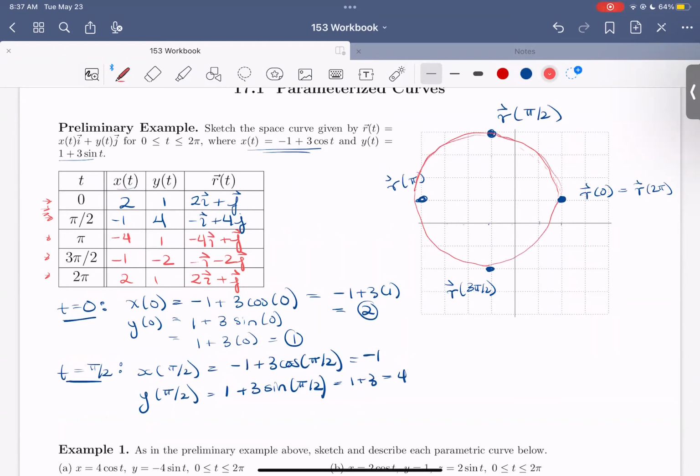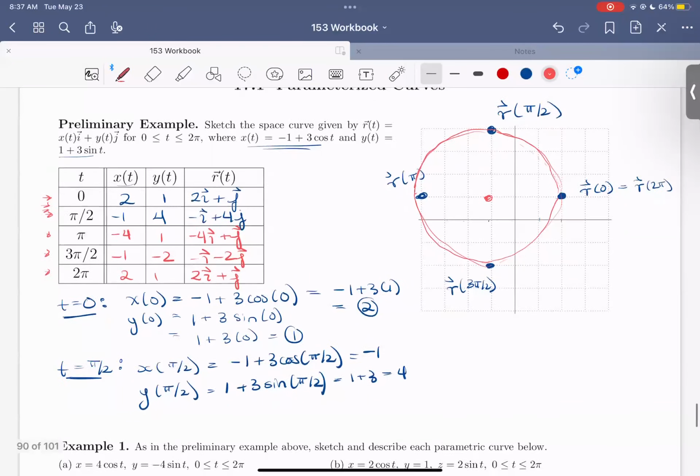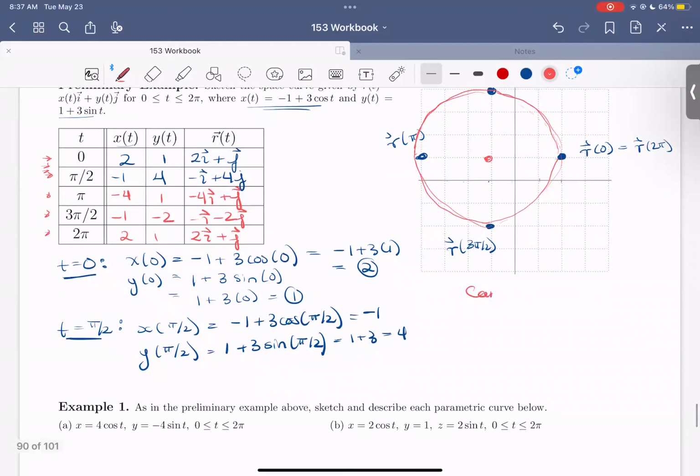Where does the center look like the circle is? Maybe around -1, 1? So how could we check that the curve r of t is a circle at -1, 1?